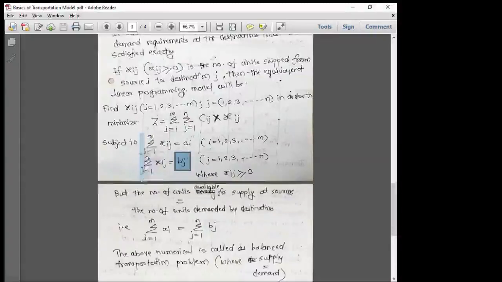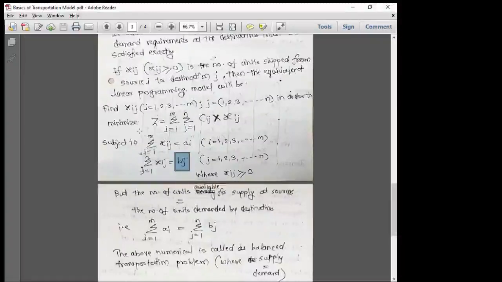If you understand this, it is very easy to understand a transportation problem. I'm repeating this: the total supply of units that I have made is equal to the total number of units available at the factory, and the total number of units that I have supplied is equal to the total demand by the destination.